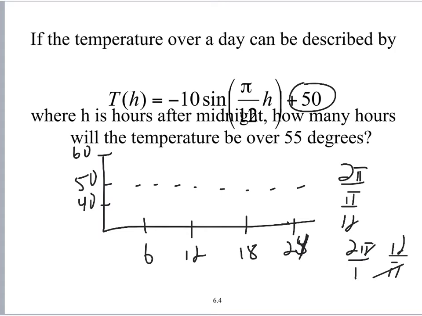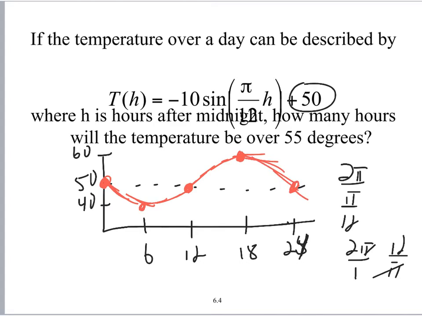So what's this graph going to look like? It starts at midnight at 50. At 6 in the morning, it drops down to 40. At noon, it's back up to 50. At 6 in the afternoon, it's up to 60. Then back down to the average at midnight, more or less. So there's that graph.